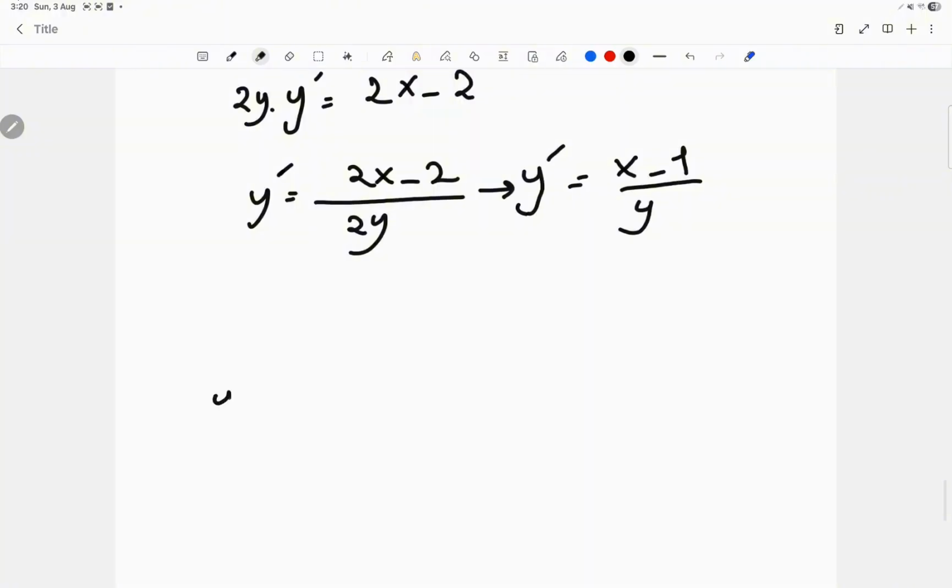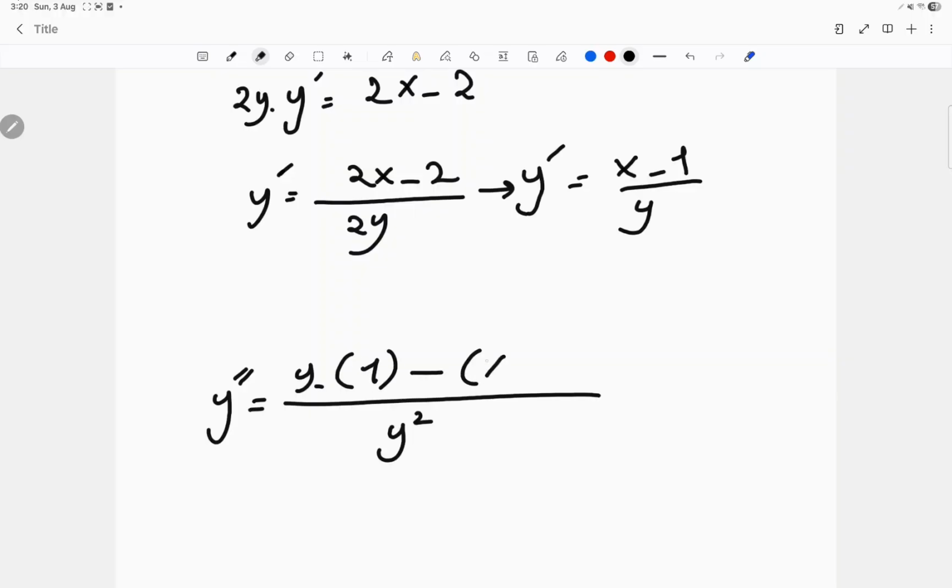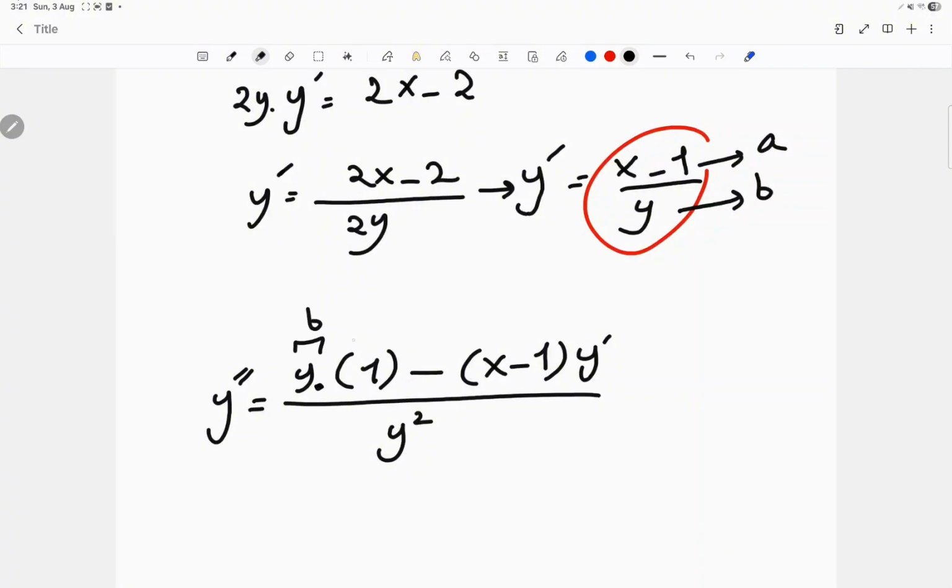Now let's find the y double prime. So y squared, y times 1 minus x minus 1 times y prime. Replace the y prime with this. You will do, this is the a, and this is the b. So I did b times a prime minus b prime times a.